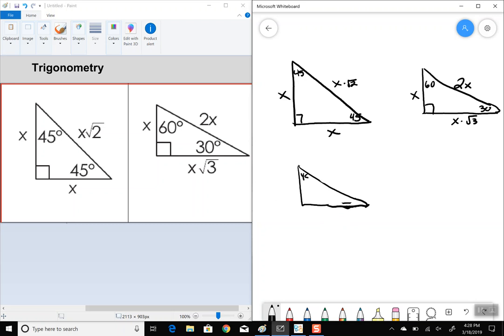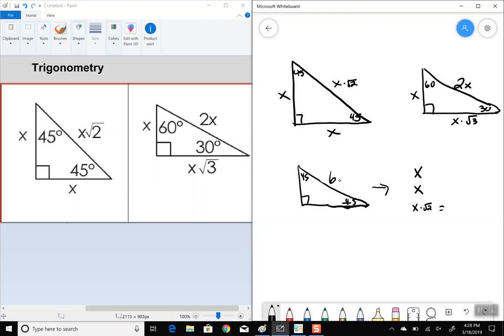So 45, 45, and 90. And let's say that I knew that this length was 6. So I know the sides follow this order: x, x, and then x square root 2. So this is what the longest side is equal to, x times the square root of 2.